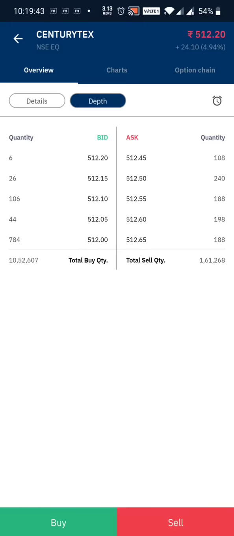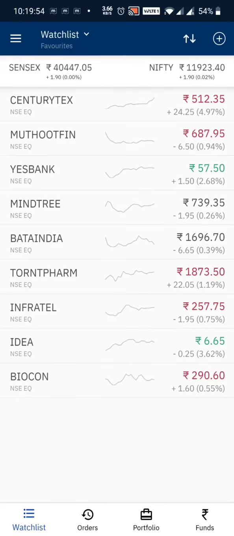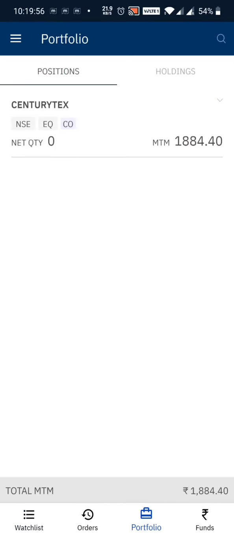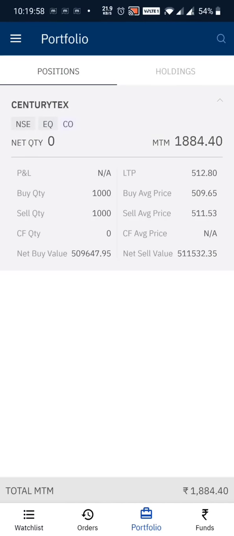So 1000 shares, if I hit exit, it will obviously go down and sell. That's the reason it was around 512 somewhere, but it sold around 511. But anyways, 0.3% is around how much? 511.15, right? So it has sold around 511.53.